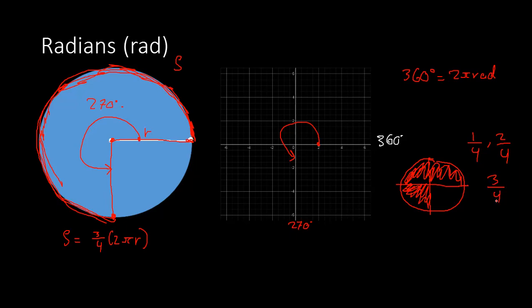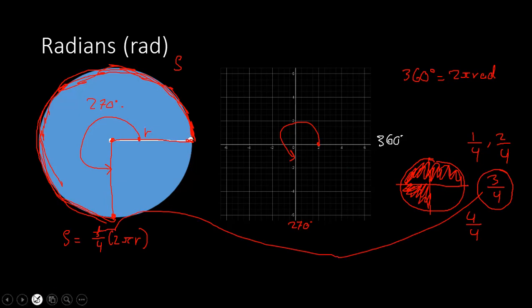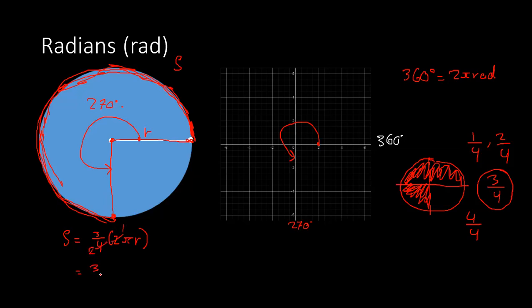And if all the parts are shaded, that is 4 out of 4. The same applies here: since this is 3/4, we get the arc length by taking 3/4 of the circumference. Here we simplify: the 2 becomes 1 and the 4 becomes 2. We have 3/2 of pi r.